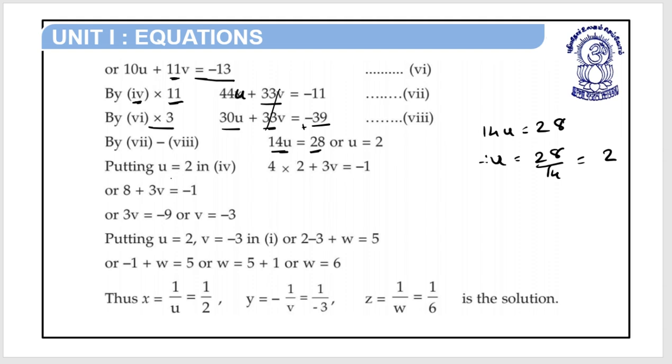Putting u is equal to 2 in equation number 4, 4 into 2 plus 3v is equal to minus 1, 4 2s are 8 plus 3v is equal to minus 1. So 3v is equal to minus 9. So v is equal to minus 3. Minus 9 divided by 3, 3 3s are 9. So minus 3.